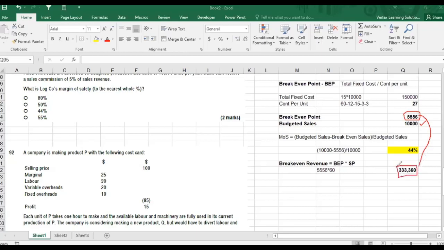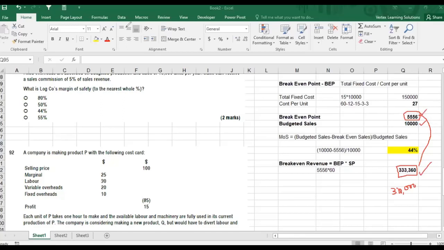This is called my break-even revenue. If my sales team comes and tells me that they are going to make sales of $310,000, it means that we will be making a loss. So I am looking at my target that minimum I should be making $333,000 in sales, or selling 5,556 units in order to break even.